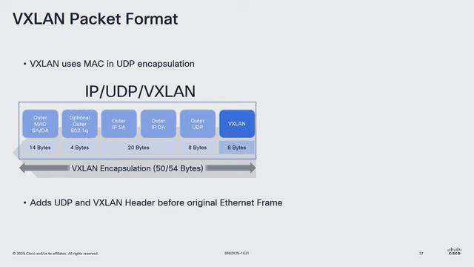So what does that mean? What do I need to do on my interface? Anybody? MTU, exactly. The maximum transmission unit. Because VXLAN does not support fragmentation, you want to make sure that your interfaces within the fabric have an MTU that can support 1500 plus the additional VXLAN header.